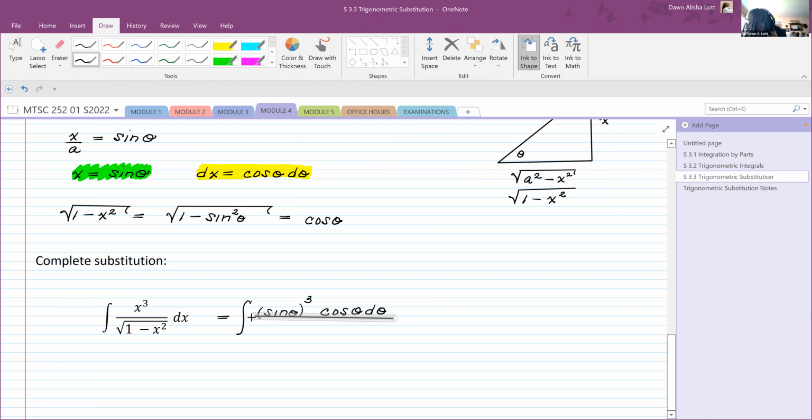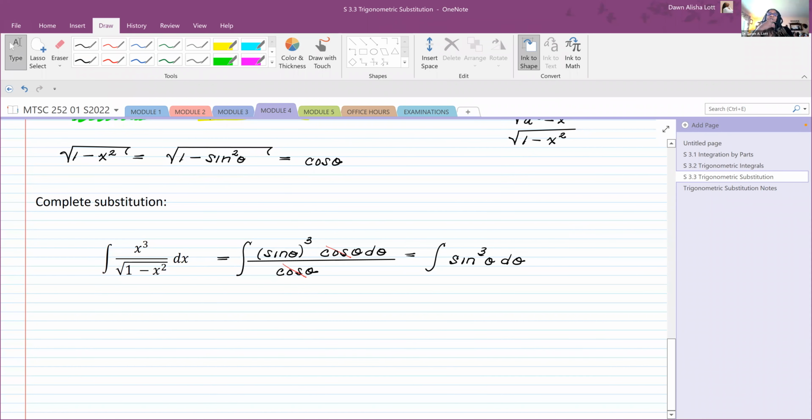And that is over the square root of 1 minus x squared, which we have shown is cosine theta. So this now just becomes the integral. Cosine of theta and cosine of theta divide out. So I get the integral of the sine cubed of theta d theta.